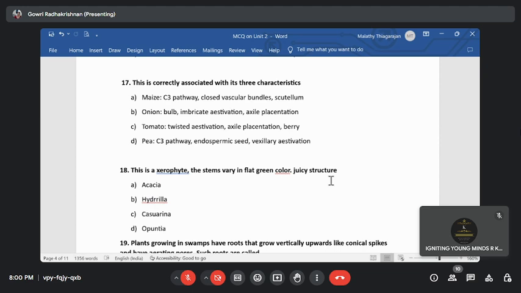It's option A. Maize, C3 pathway, closed vascular bundles, and scutellum.